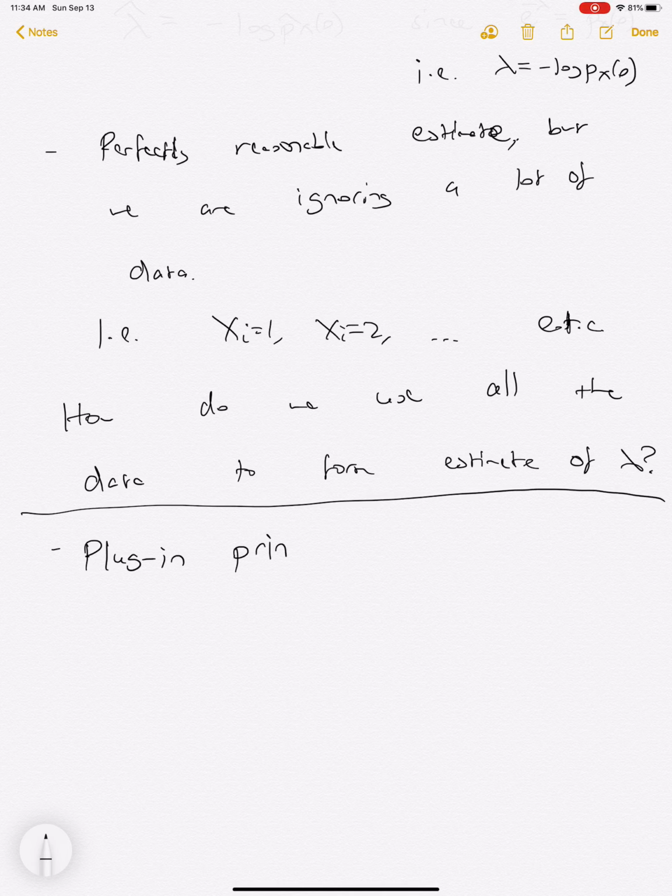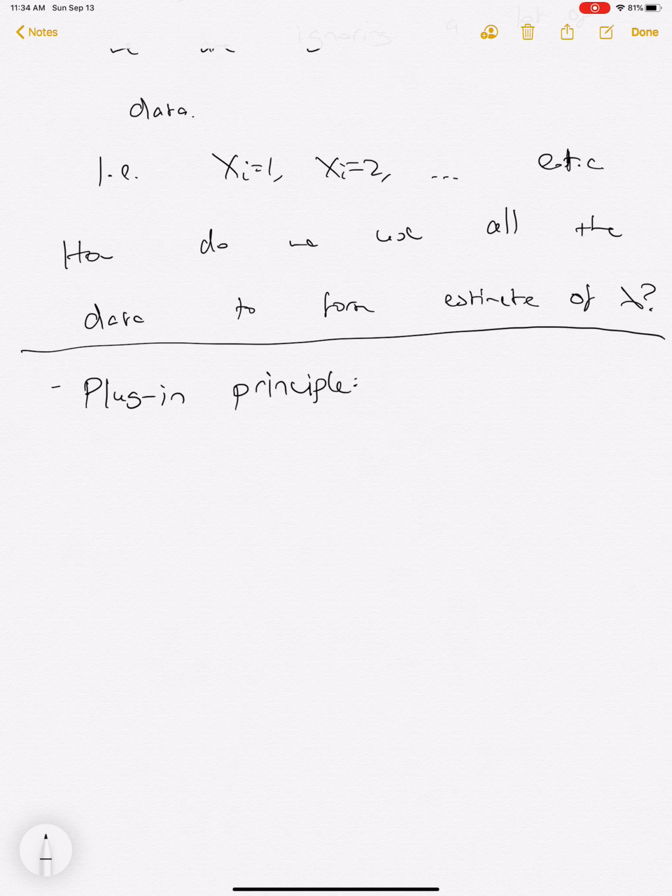And this lends itself to a very key principle that allows us to translate things between the sample and the population very naturally. So let me write this out.